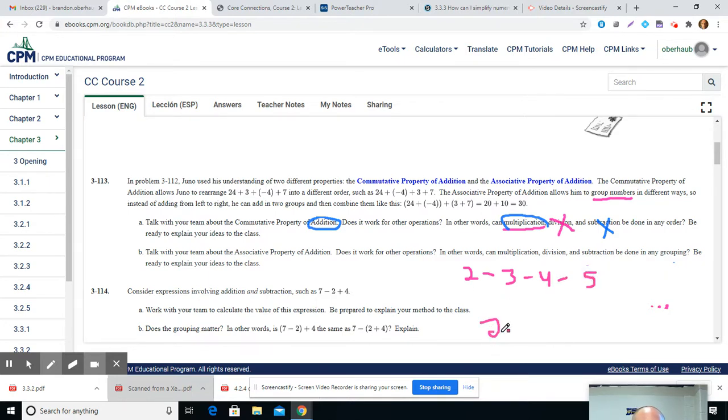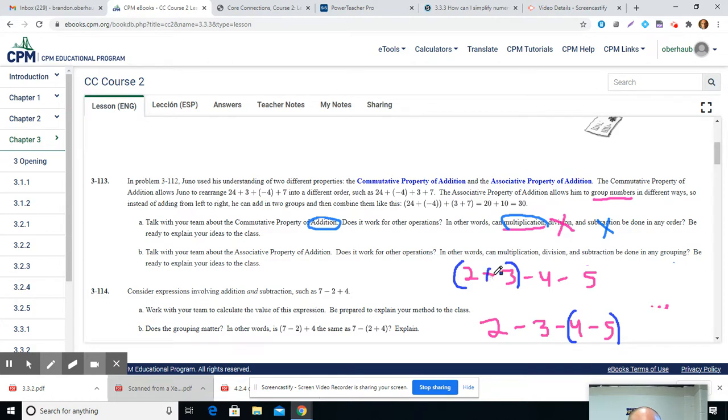So remember associative property, everything needs to be written in the exact same order. So I'm going to test this by writing these in the exact same order. The only difference, remember, is where our parentheses are located. So on this one, let's put a parentheses here. And on this one, let's put our parentheses here. All right, so let's just change where they're at, and let's see if that does anything different.